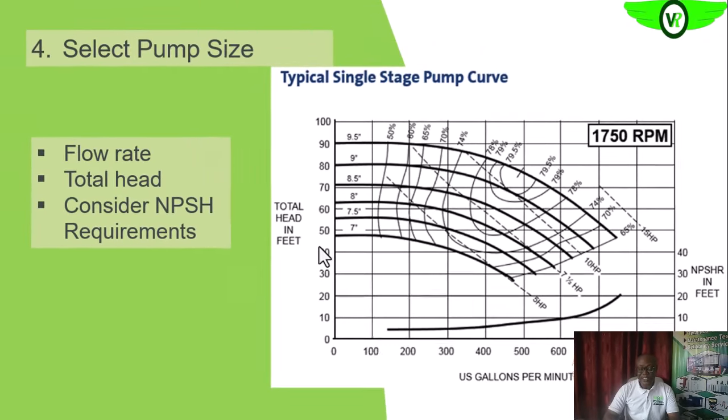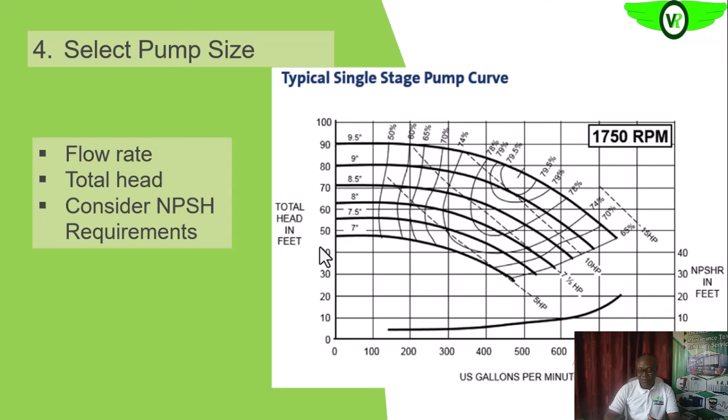So we have selected that pump now. The next thing we need to do is to determine the net positive suction head that is required. The liquid is what we are going to consider in determining the net positive suction head.